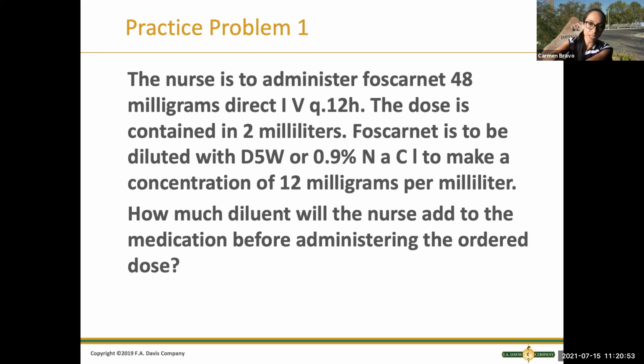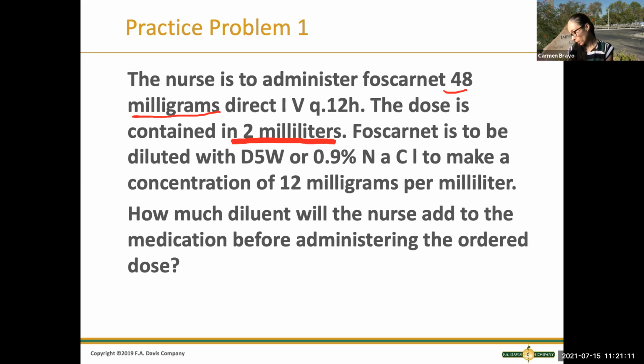So when you read it, you're like, ugh, right? But you see that this is the order. The nurse needs to administer this much, and the dose is contained in 2 milliliters.